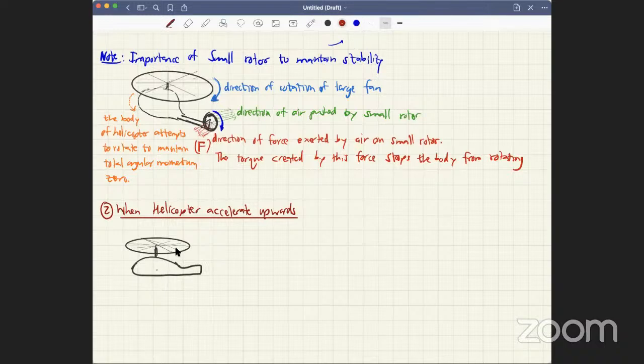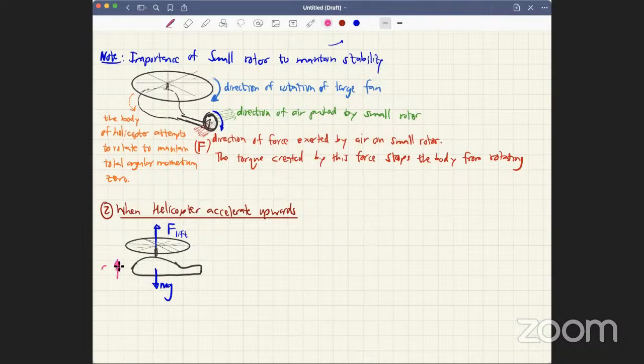So mg will be acting downwards and the lift force will be acting upwards. And more importantly, the helicopter is going to have an acceleration in the upward direction.